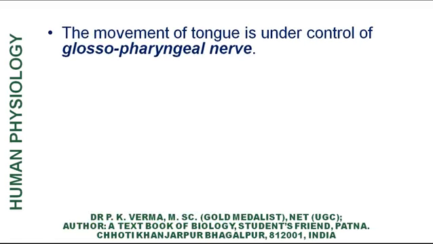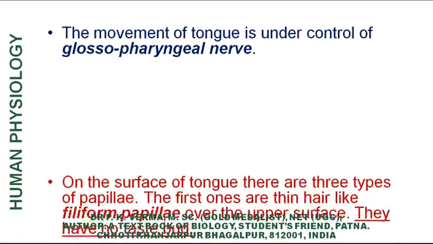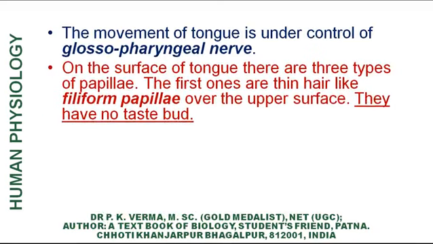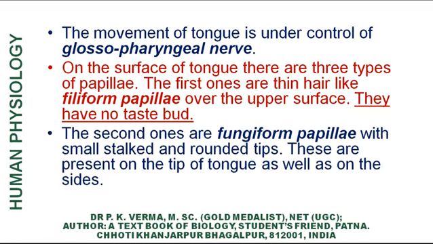The movement of the tongue is under control of glossopharyngeal nerves. On the surface of the tongue, there are three types of papillae. The first ones are thin hair-like filiform papillae over the upper surface of the tongue. They have no taste bud. The second ones are fungiform papillae with a small stalk and rounded tips.